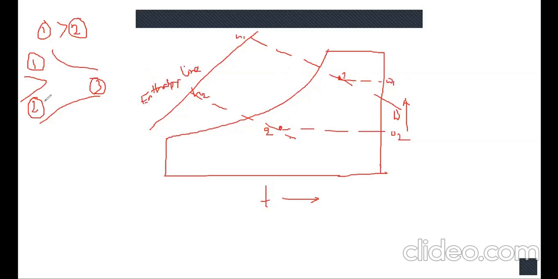Because 1 and 2 mix each other, we get a straight line.